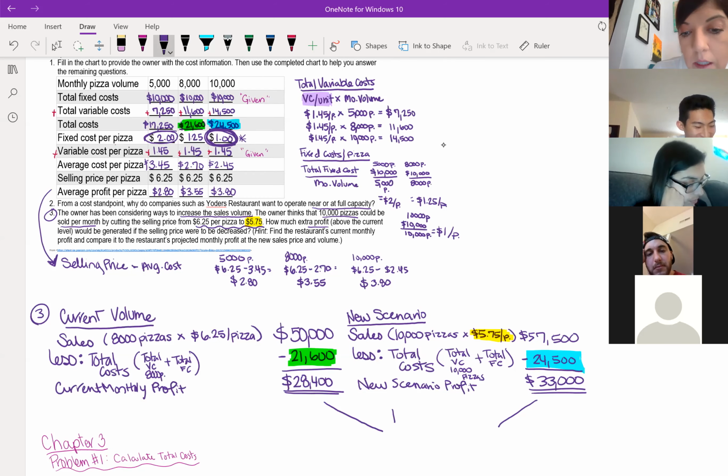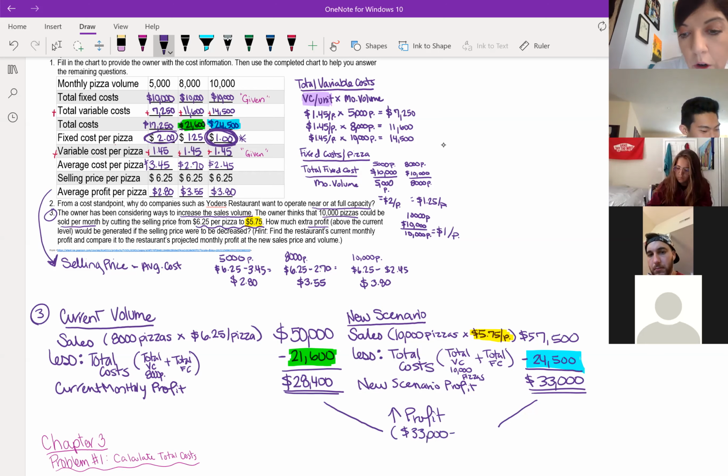So it's going to increase profit by the difference: 33,000 minus 28,400, because we already have 28,400 in profit. So it'll increase profit by $4,600.